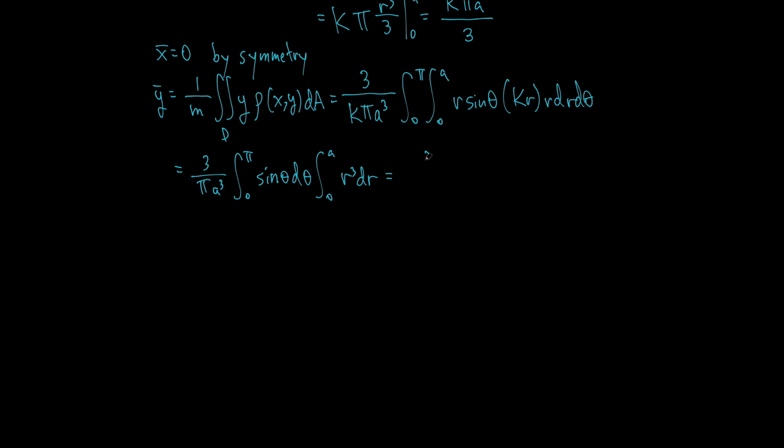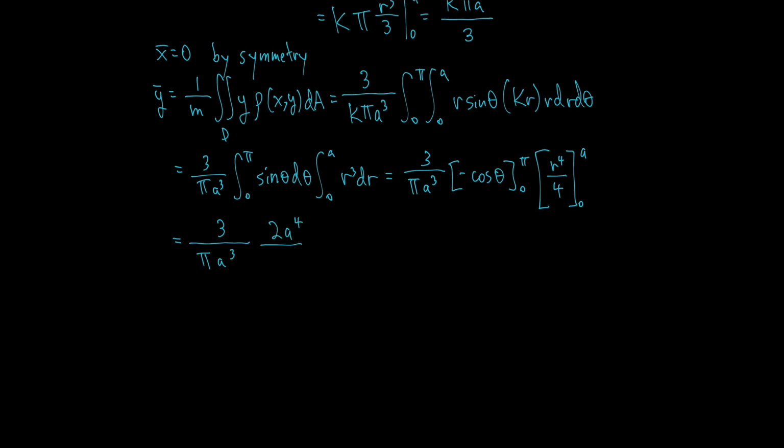So now we have 3 over pi a cubed times minus cosine theta from 0 to pi times r to the 4th over 4 from 0 to a. So that's just 3 over pi a cubed times 2 a to the 4th over 4, which is 3a over 2 pi.